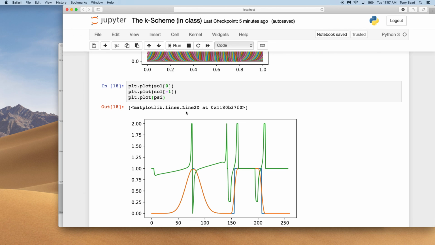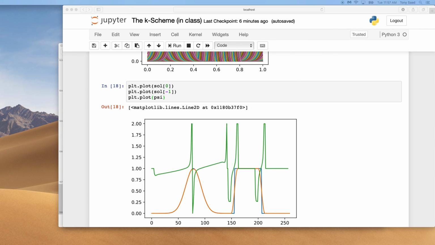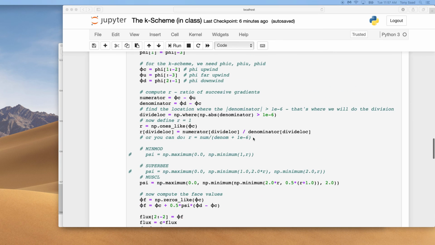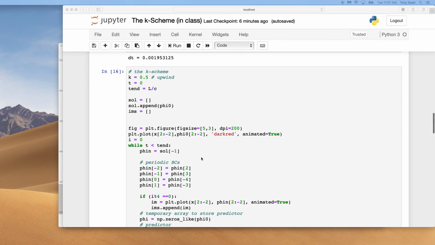And initially though, if you don't take any step, we can see the initial psi, or you can save your psi's and see how they change. Let's see. Okay, let's save psi and see how it changes.